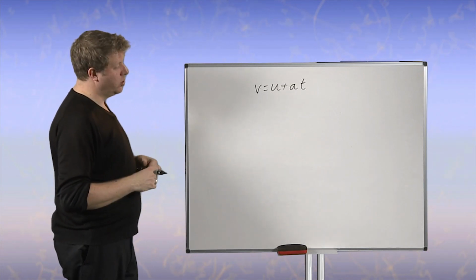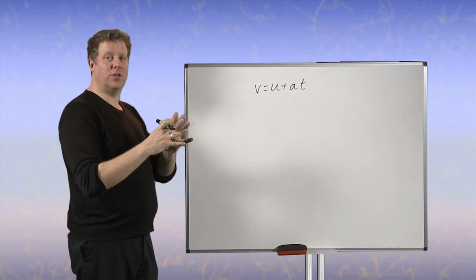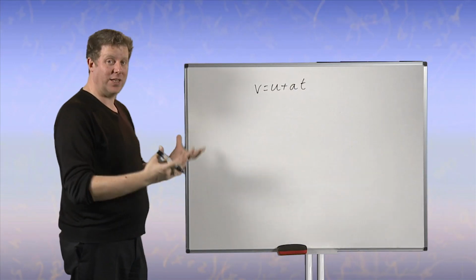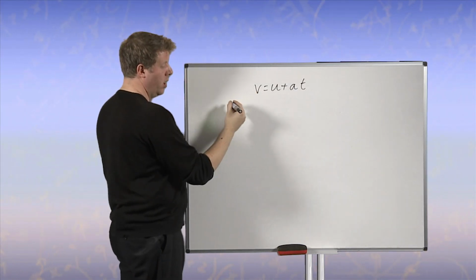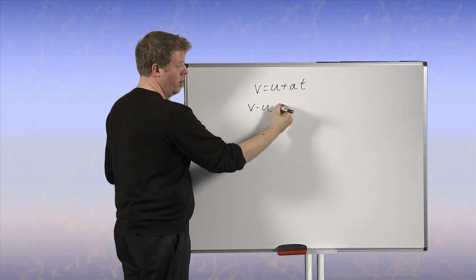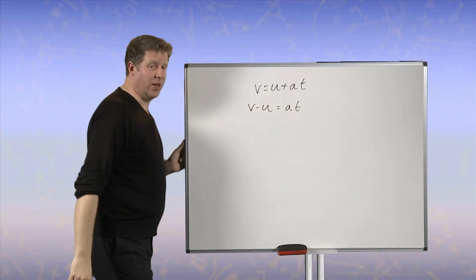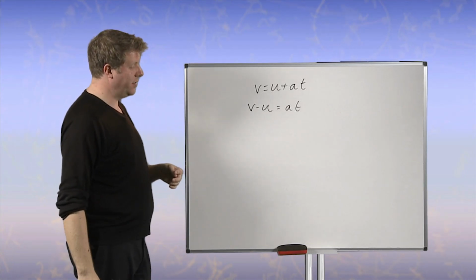Now, the first thing I want to do is to get rid of this u. Remember, it's always those things that are furthest away from the t that were done last. So essentially, they're the things we get rid of first. So in order to get rid of this u, I'm going to subtract u from both sides. That will leave me with at on the right-hand side and v minus u on the left.